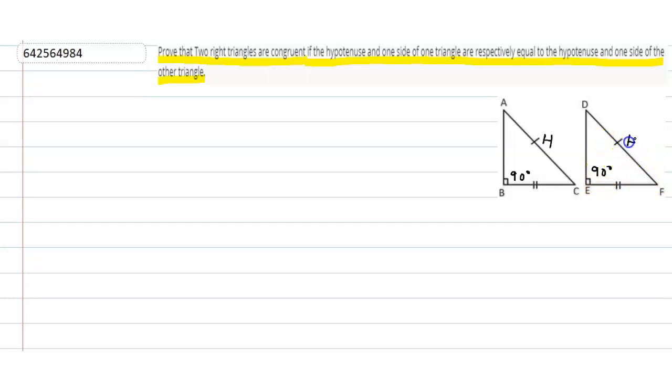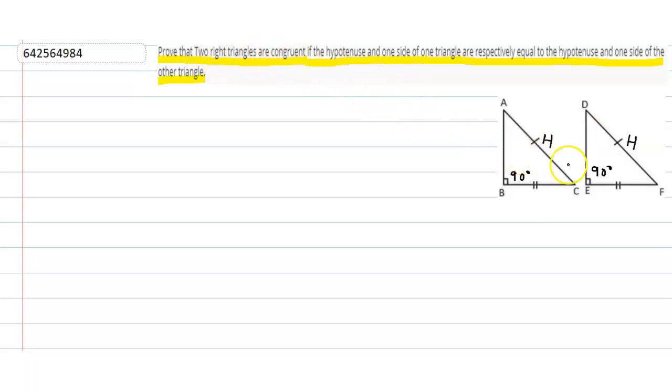So DF is our hypotenuse. And one side of one triangle, you may take any one side, AB and DE, but I have taken BC and EF. Any one side you can take. So I have taken that BC is equal to EF, and we have to prove that the two triangles are congruent.